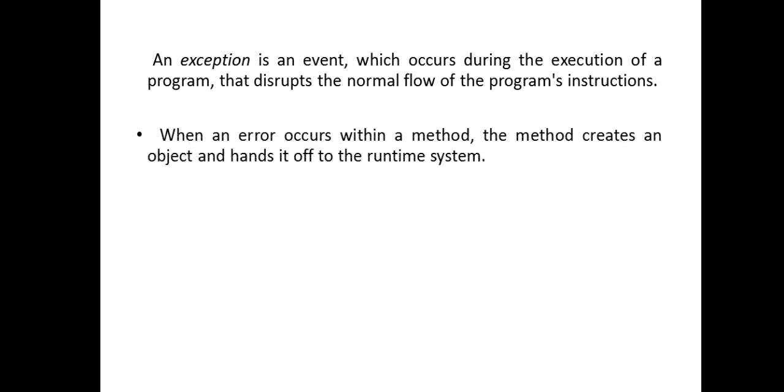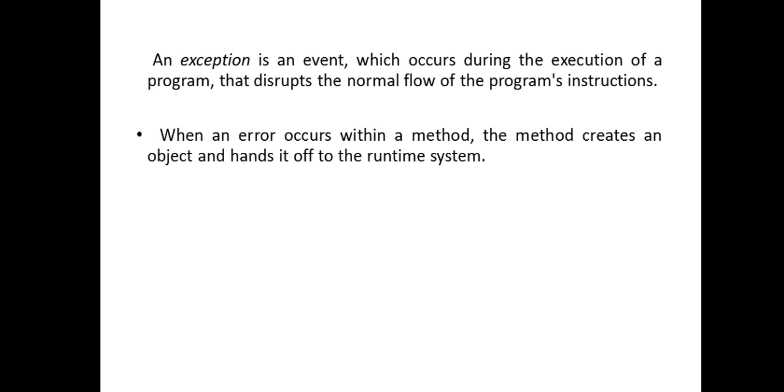When an error occurs within a method, the method creates an object and hands it off to the runtime system. Here we got to know that an exception is an object in Java, right? As everything is in the form of classes and objects, these errors and exceptions are again classes, and there are predefined classes for these exceptions.